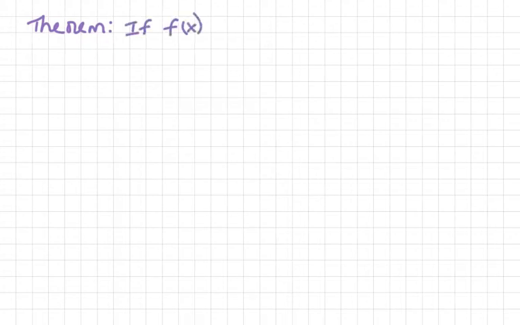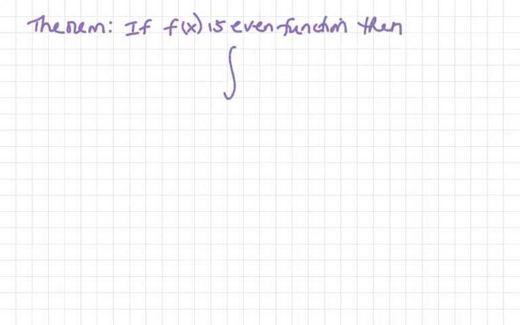But if a function is even, then we have the integral, and it must be centered about 0. Okay, centered about 0 says you must be going from negative a to a. All right, that's a typical mistake. You have to check that first.